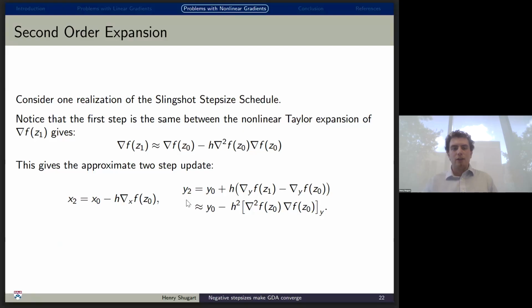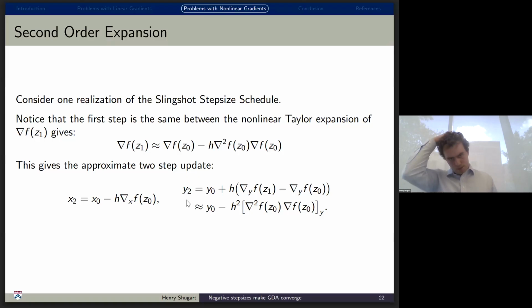So to look at how we just changed the step size schedule and how this is going to change the second order expansion, what this affects in our HGD interpretation: we're going to look at one of the two instances, either we flipped heads or we flipped tails, and see that the Taylor approximation of the gradient at Z1 is going to be the same as before.